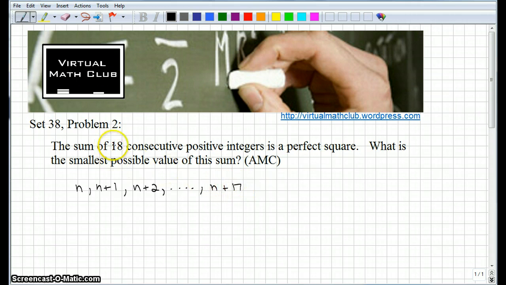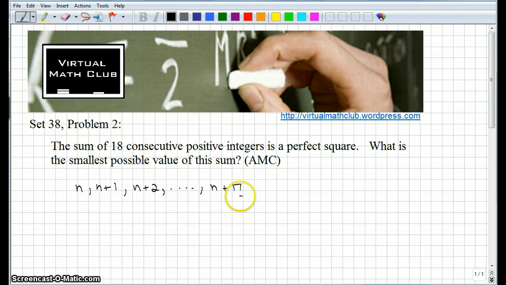Now I know it says 18 consecutive integers, but you have to recognize that the first one, the one they're counting as the first positive integer, is n plus 0. And the second one is n plus 1. So the number that we're adding is just off by 1 from the numbering system we're working with. So the 18th one is going to be n plus 17. And that'll give us 18 consecutive integers.